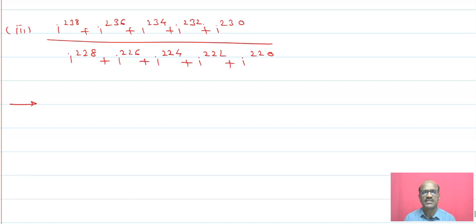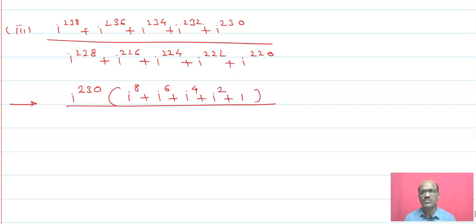We can take the common from the numerator and the denominator, which is the lowest term. The lowest term in the numerator is i raised to 230 and in the denominator is i raised to 220.